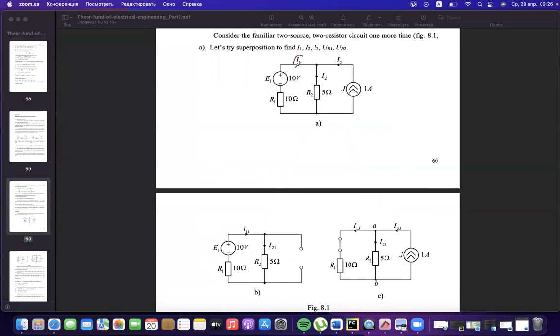For example, if we want to find current I1, we have to find current I1 with index 1 and current I1 with index 3. And then add them all together, and it will be the primary current I1 in this situation.